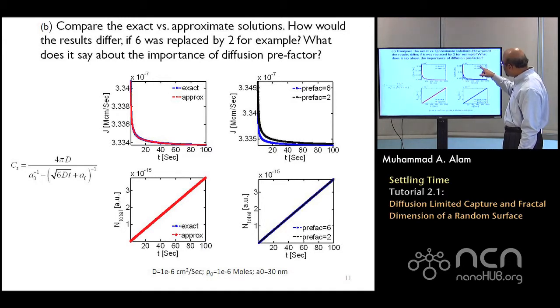Now you can see that with a factor of 6 and a factor of 2, you do have a small difference in terms of transient flux. But if you look at the area under the curve, which is the total amount of flux as a function of time, then once again you will see that there is almost no difference.